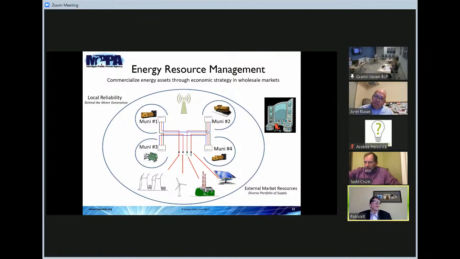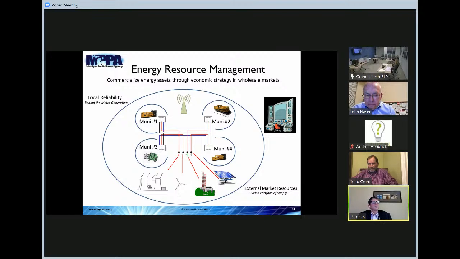So this is just a quick pictorial of energy resource management. Again, I mentioned earlier, we manage resources that both our members own and the agency owns, and those are done through technology. And technology, like every industry that is operating in the United States, is undergoing tremendous change, and the electric utility industry is undergoing significant change as well.